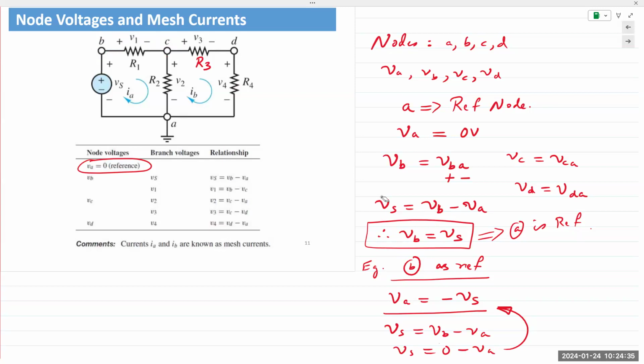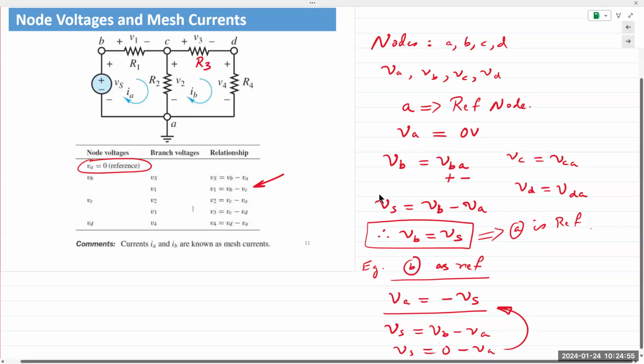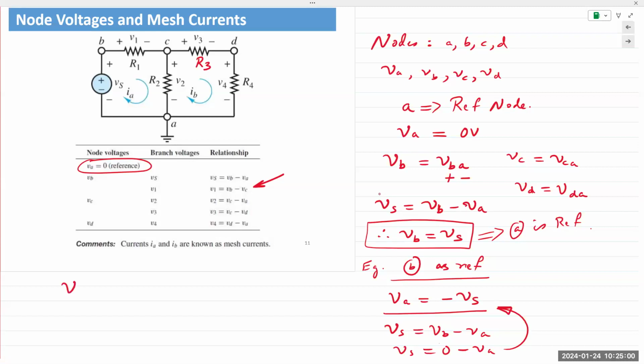B is at a higher potential than C. I can write the voltage across resistor R1 is VB minus VC. Voltage across the resistor R1 is the difference in node voltage at either end of that resistor, VB minus VC.